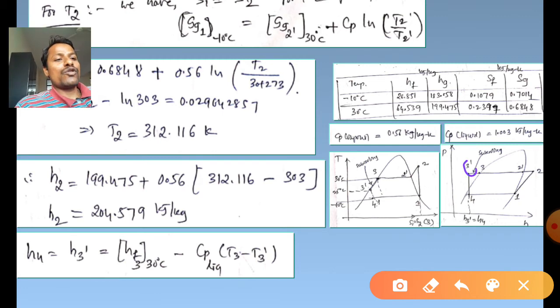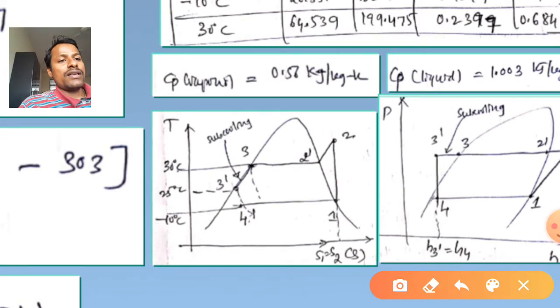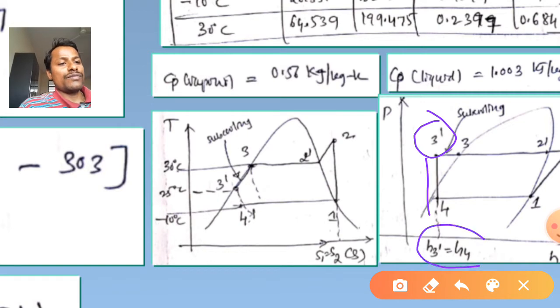From the ph diagram, HF3 dash is equal to HF4.